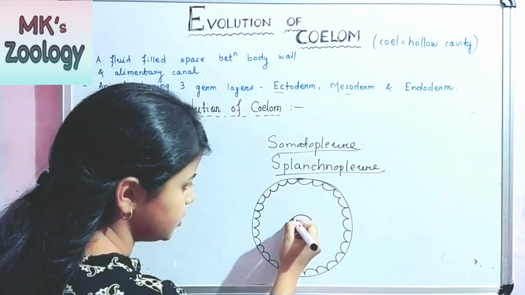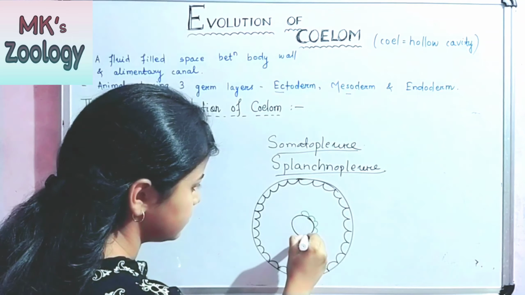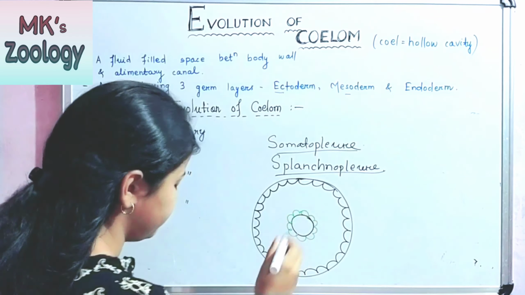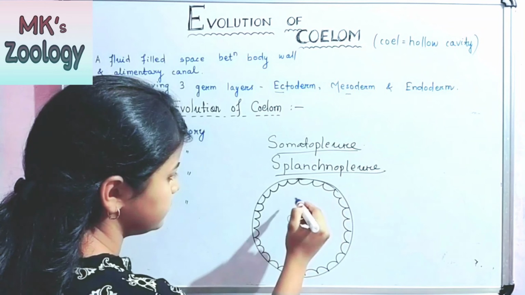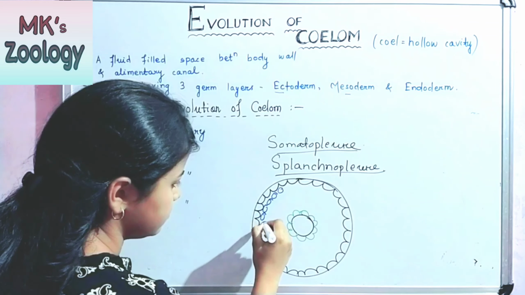Okay, this is your endoderm lining and the endodermal cells are present here, and here the mesodermal cells are present.